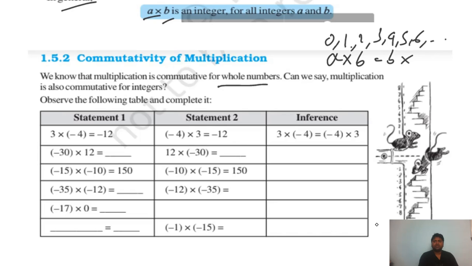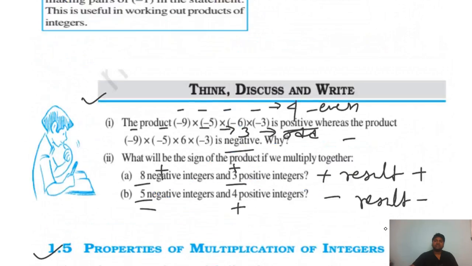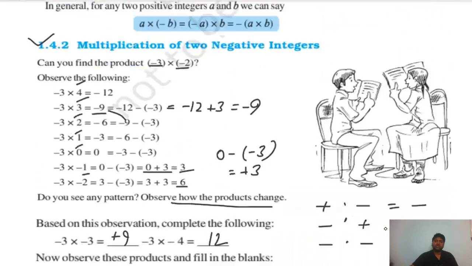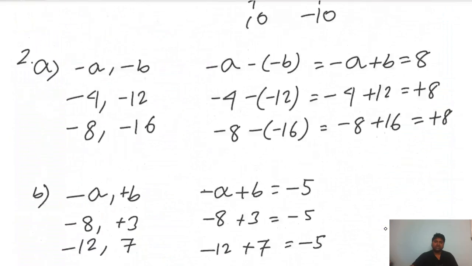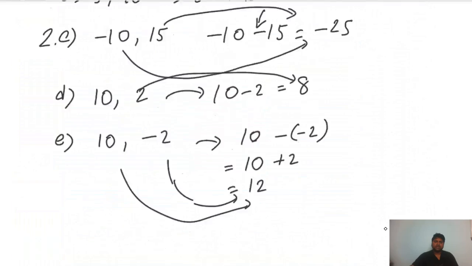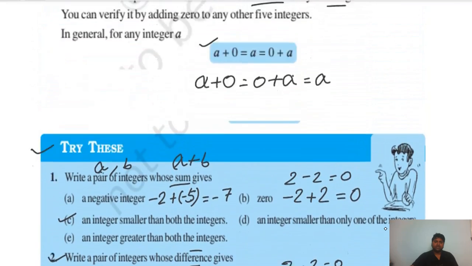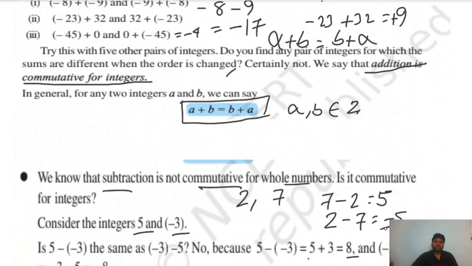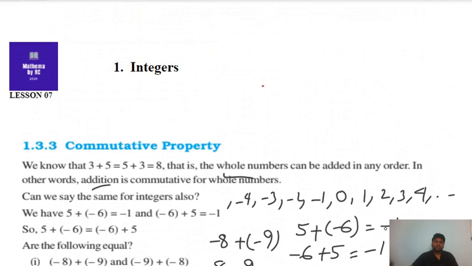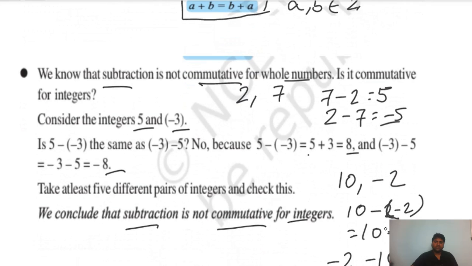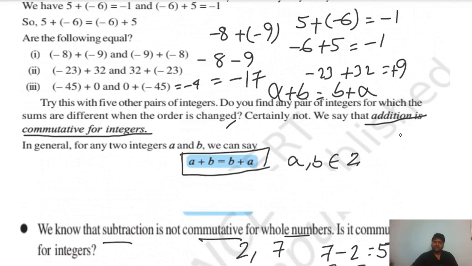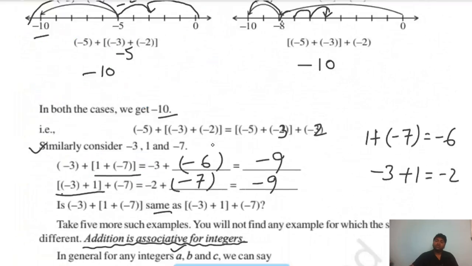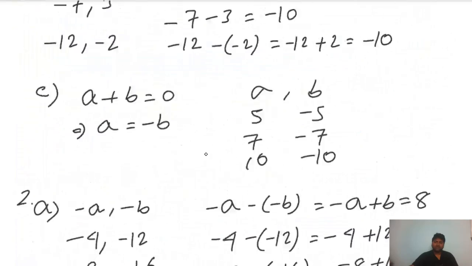But for subtraction the commutative property does not hold. Subtraction is not commutative for integers, but addition is commutative for integers. Now we discuss this property for multiplication.